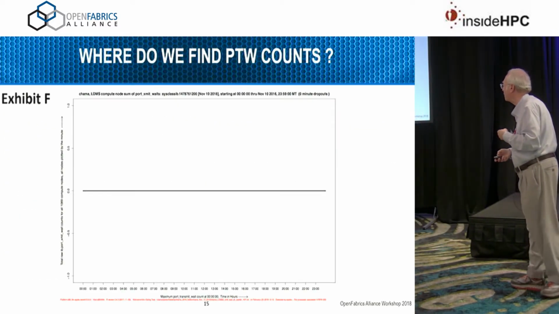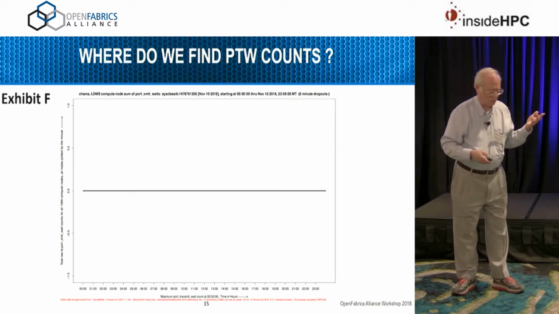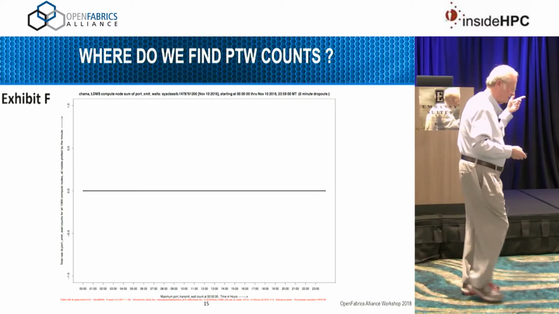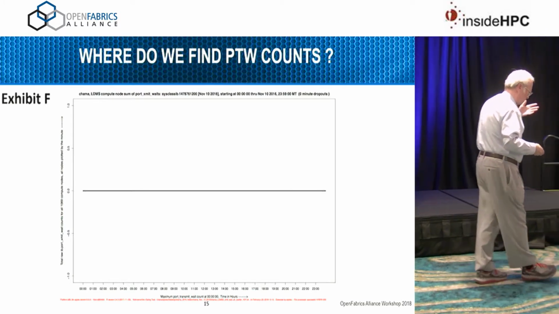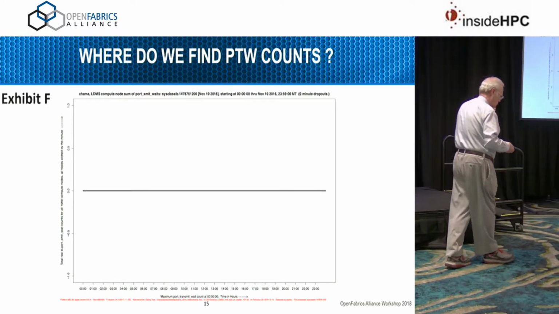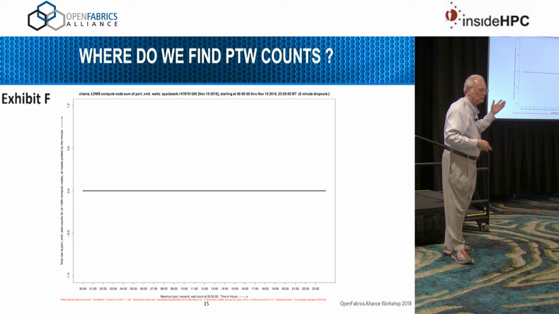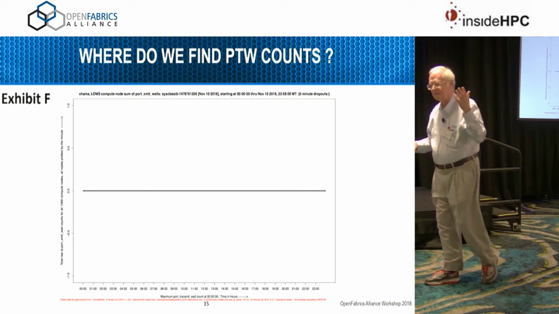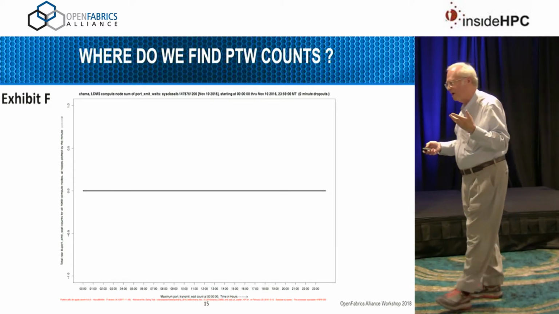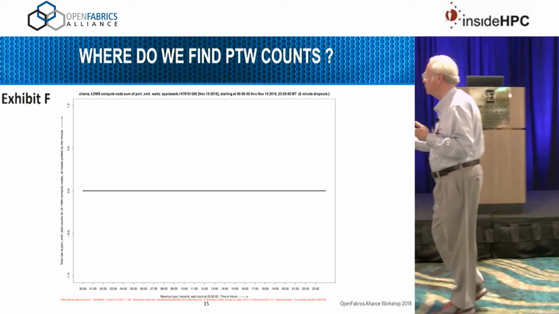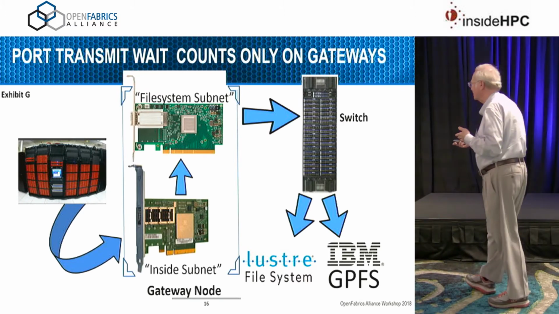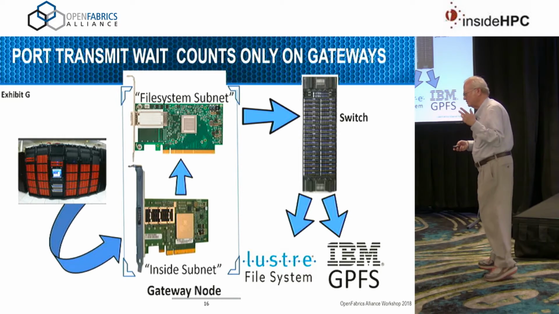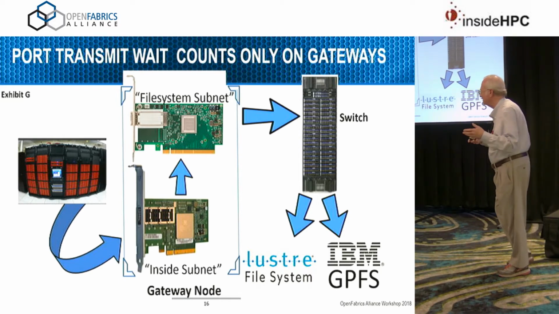So going back to port transmit waits, again, where do we get them? Well, this is a slide that can be duplicated for all of your 12 login nodes, your 24 admin nodes, however many you have, or your 1,200 compute nodes. There's only one place that we have where we find and can harvest port transmit waits, and that's here at the gateway node. Someone was bringing up earlier, you can't tell what's happening in general.